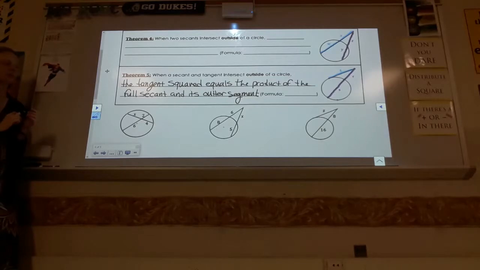Tangent squared equals the product of the full secant and its outer segment.